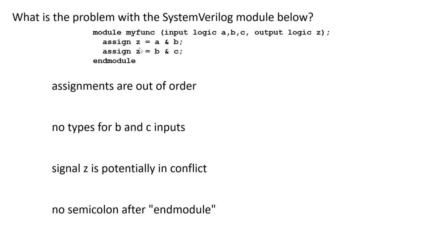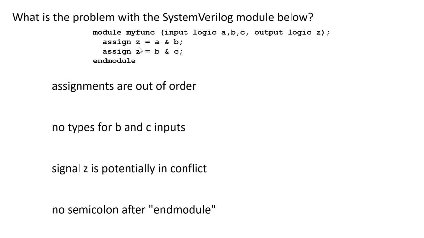You have to kind of imagine that every one of these assign statements represents a logic gate, essentially. And so because I have 2 assign statements, you'll end up having 2 logic gates whose output is connected to Z. The other thing you have to remember is that Z isn't a variable. Z represents a signal or a physical wire.